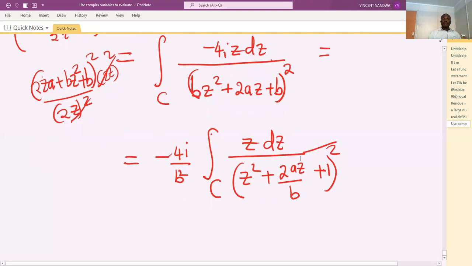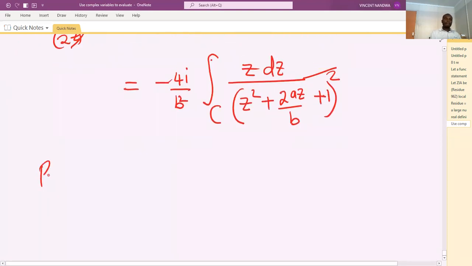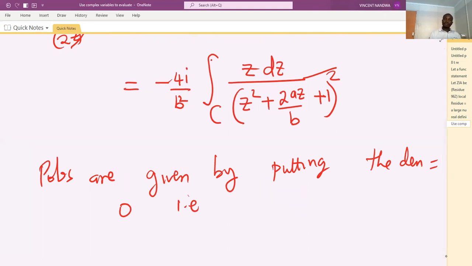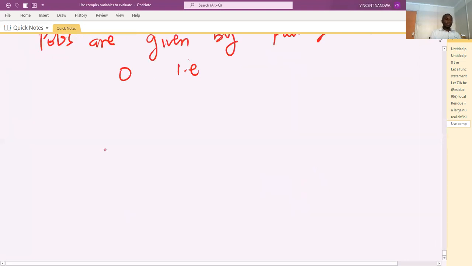So poles are obtained by putting the denominator equal to 0, i.e. our denominator will be given by (z squared plus 2a over b z plus 1) squared is equal to 0.